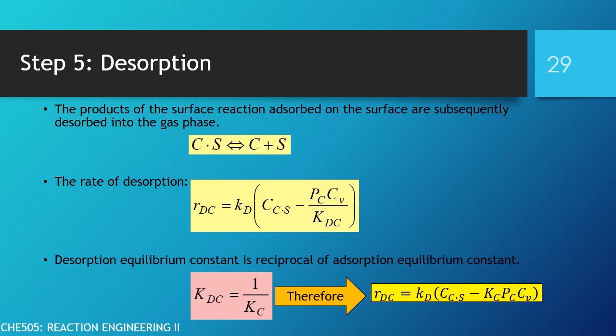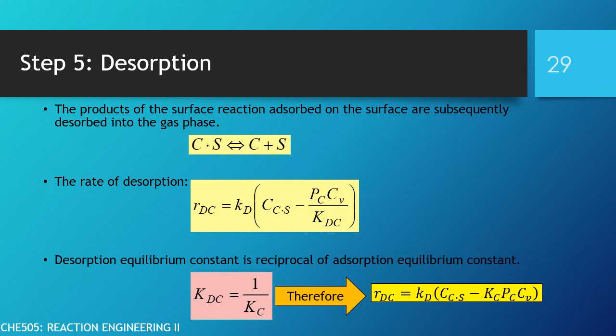Except the surface reaction, which can be irreversible or reversible. So C.S, reversible reaction, will produce C plus S. So the product is in the gas phase, C plus S, where S is the vacant active site.